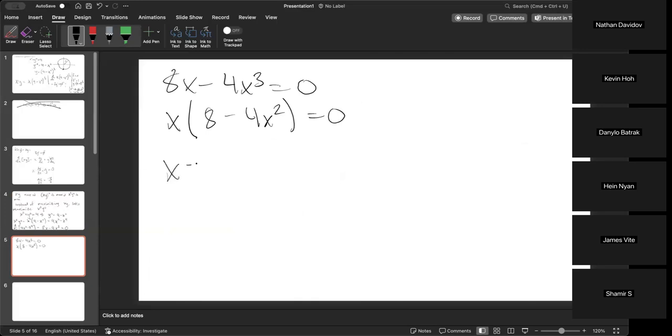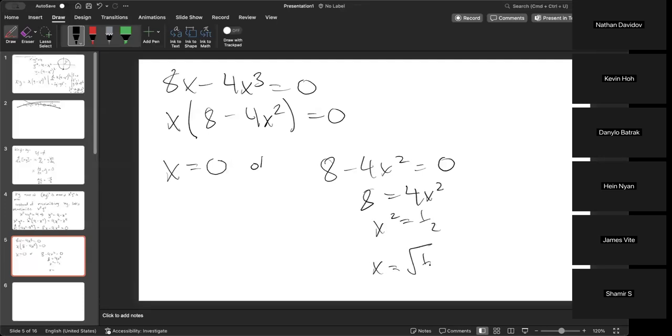So either x equals 0 or 8 minus 4x squared is equal to 0. Let me do it step by step. So 8 equals 4x squared, x squared equals 1/2, x equals square root of 1/2, or square root of 2 over 2. Did I make a mistake? I don't think I did. Okay, so I got two solutions here.